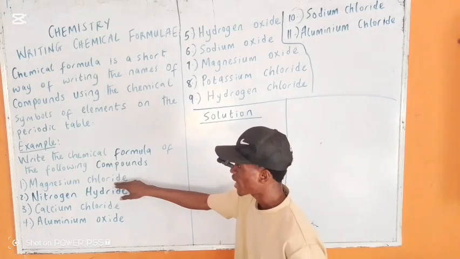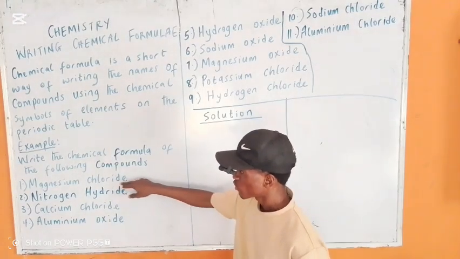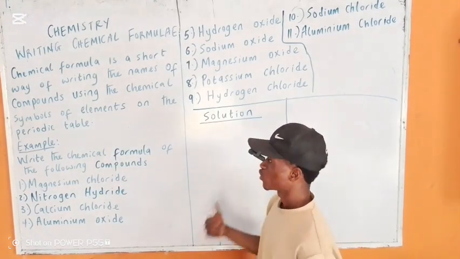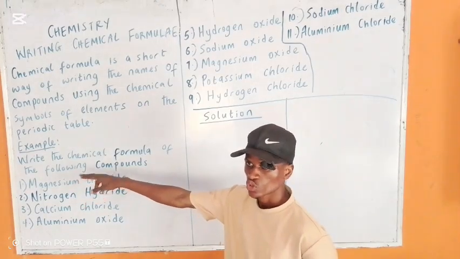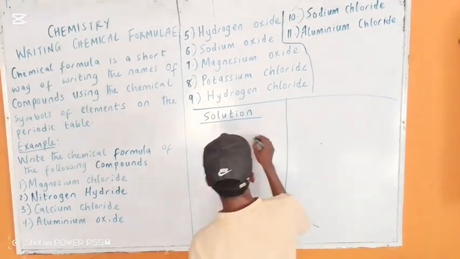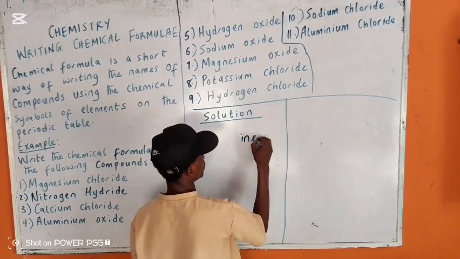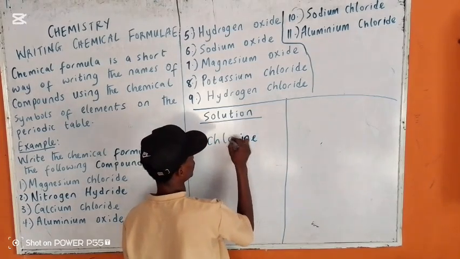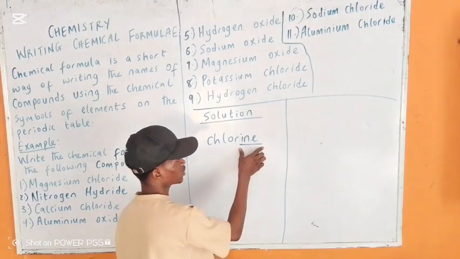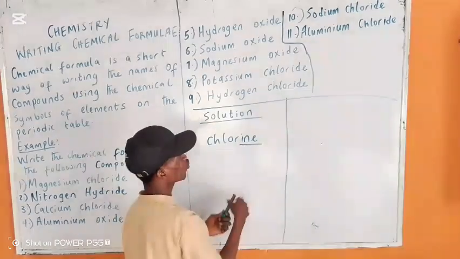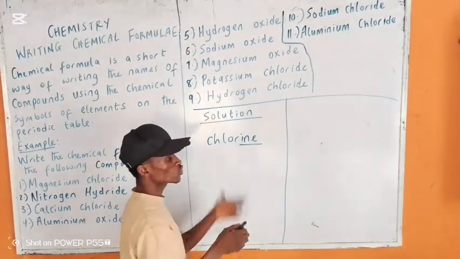So this INE, which is the suffix in chlorine, was changed when it's combined with magnesium. This INE, the suffix, changed to IDE, which is chloride.